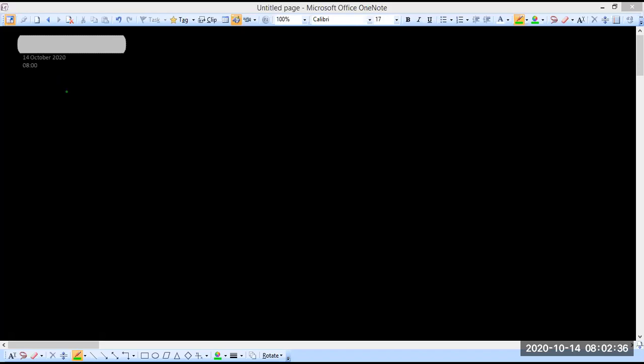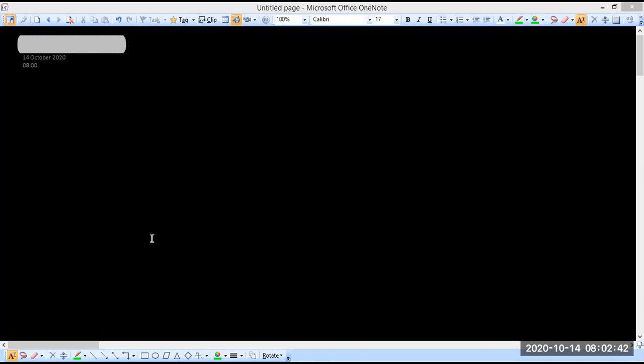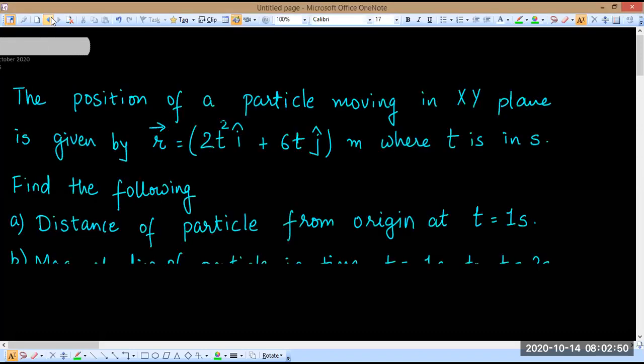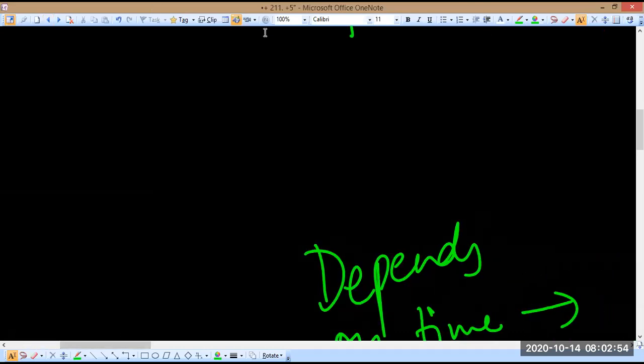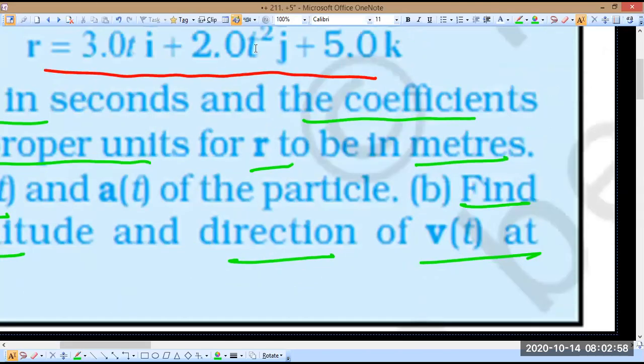So yesterday we studied the equations of kinematics, and now we are going to solve problems related to that. So we were solving this question, the example, this one.